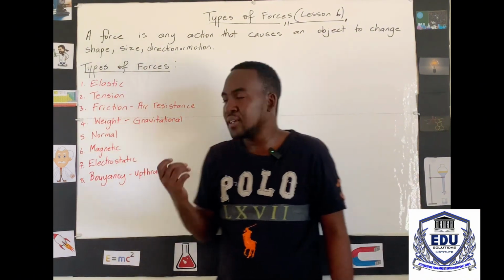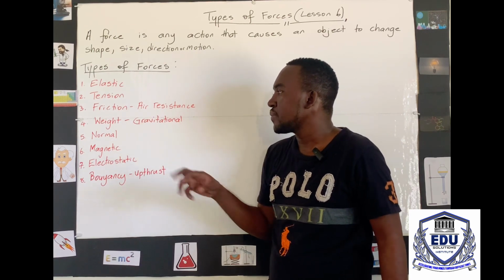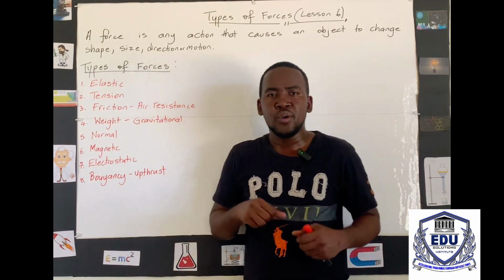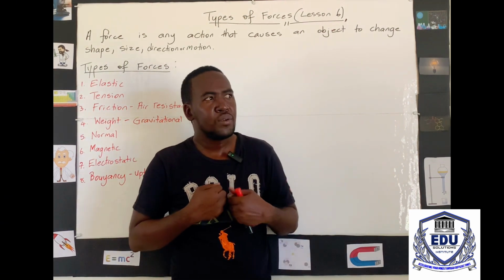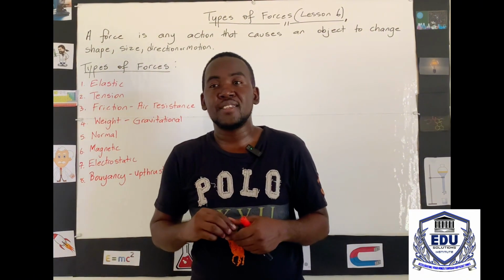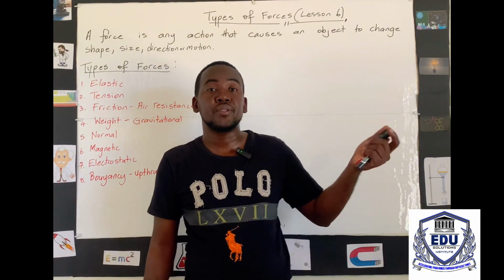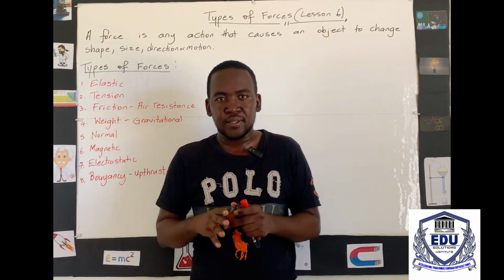Our next force is our weight. And weight is what we classify under gravitational force. Now, gravitational force is generated when we have two masses that are attracted to each other. So when you hear gravity on Earth, what it actually is, is the force of attraction between Earth and the Sun. Because the Sun is at the center of our galaxy, right?